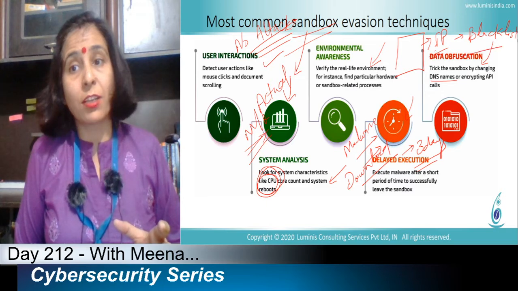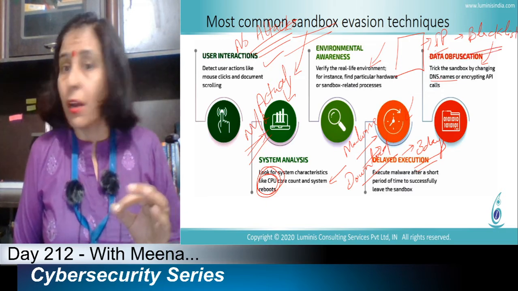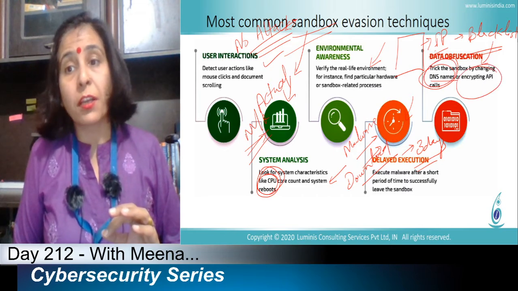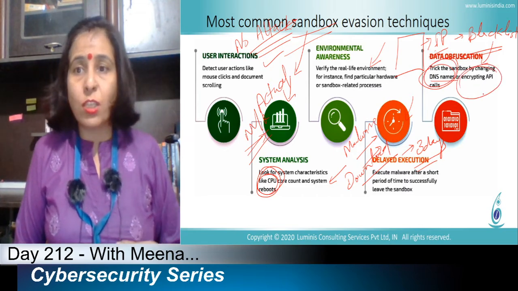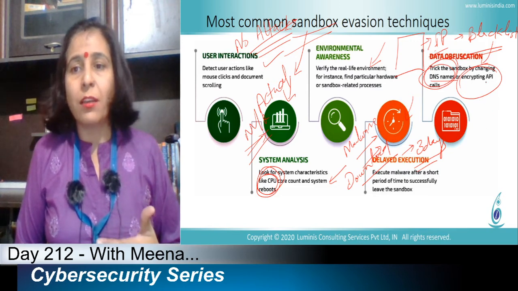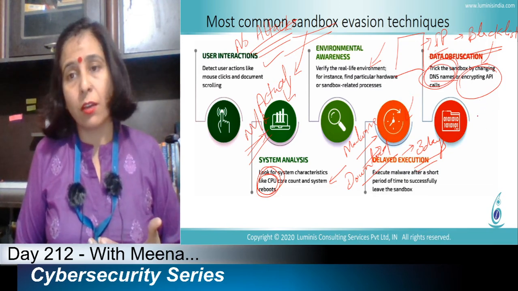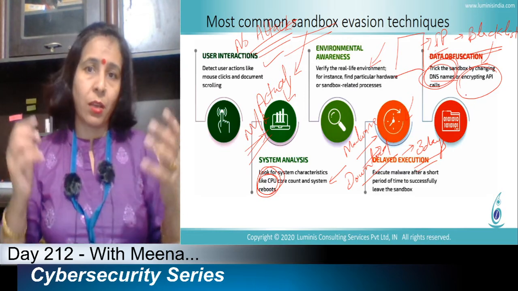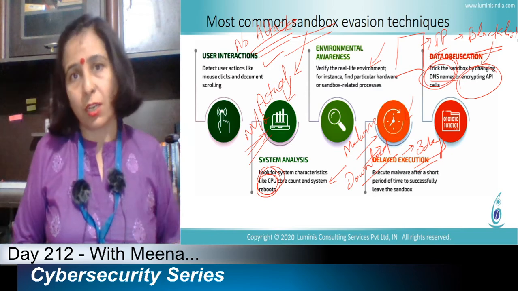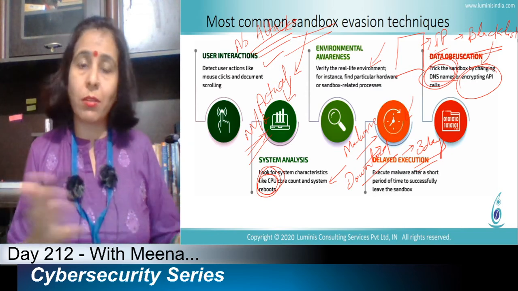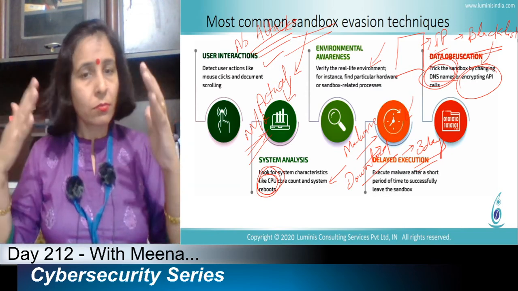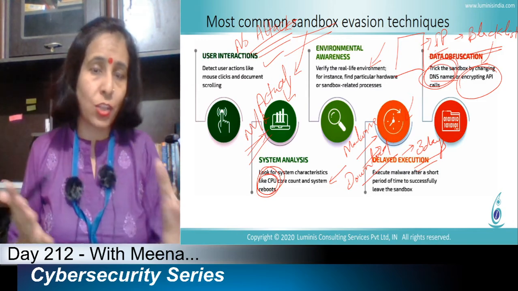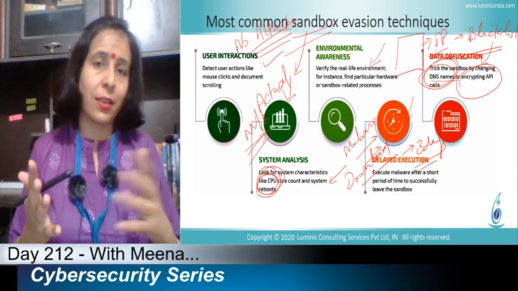Once they find out yes they are in the sandboxing, they just change their domain name. They will also encrypt the data or the APIs so they will not be readable for the team who is observing the result of the sandboxing. They can also hide themselves from the executions, or from showing that yes this is the malware.